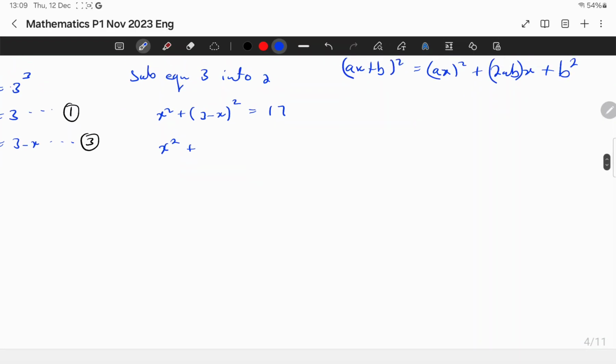That's the simplest way to expand if you have something of that form. So this is going to be plus 9 minus 6x plus x squared is equal to 17.